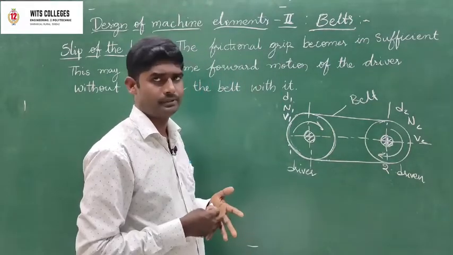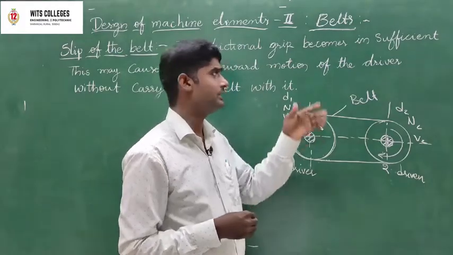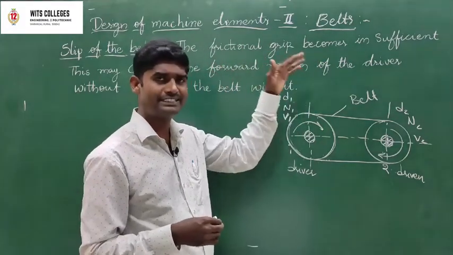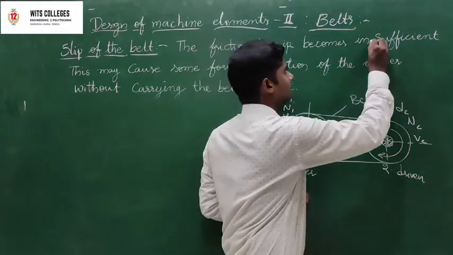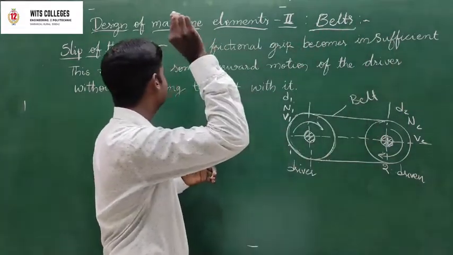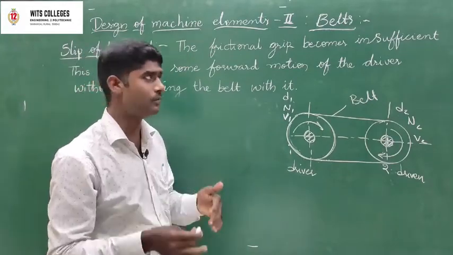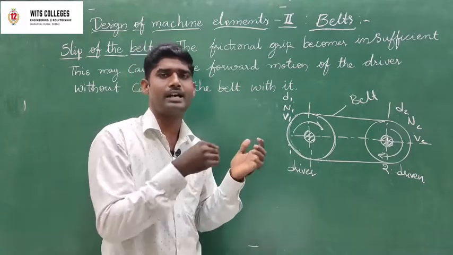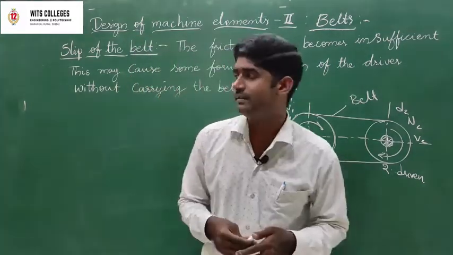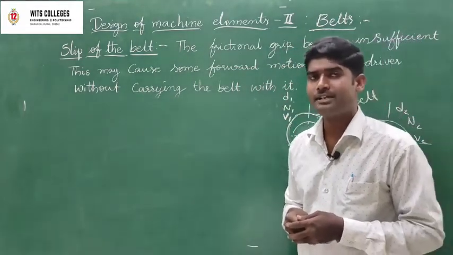What is slip? Slip happens when the frictional grip becomes insufficient. This may cause some forward motion of the driver without carrying the belt.